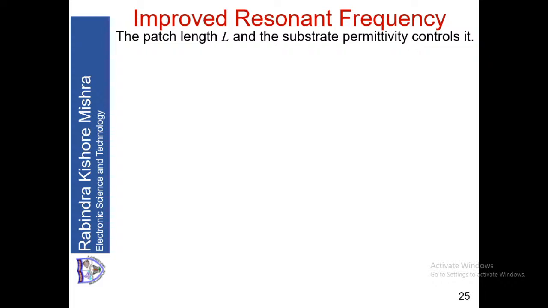Since L is controlling the resonant frequency and delta L depends on the permittivity, the improved resonant frequency expression will be controlled by the length of the patch and the substrate permittivity. Approximately, this will be the resonant frequency expression in the dominant mode.